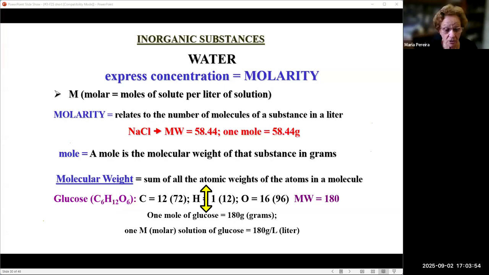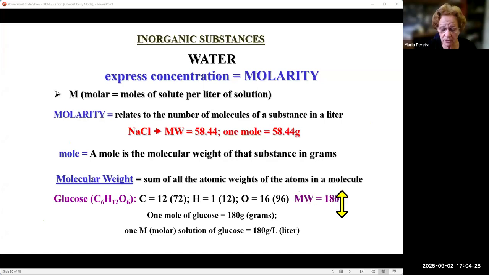Now hydrogen only has one proton, but since glucose has 12, here you have 12. Oxygen has 16. If you multiply by 6, that represents 96. So if you add up all these numbers, that comes up to 180. So it's the molecular weight, the weight of a molecule of glucose, obtained by adding up the weight of each of the atoms that are in this molecule.